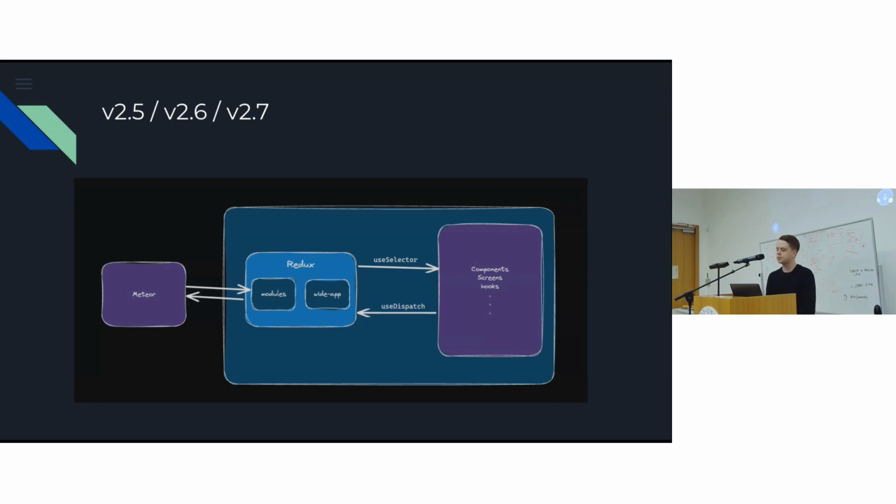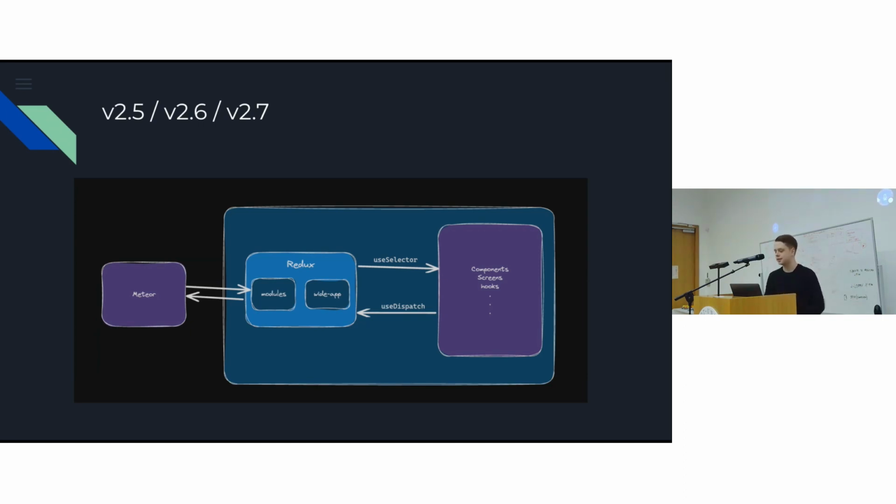So we use Redux as a middleware between the Meteor socket and the whole application. Inside the Redux, we have the modules that are filled with the Meteor collections, and another module, the white app, that controls all.